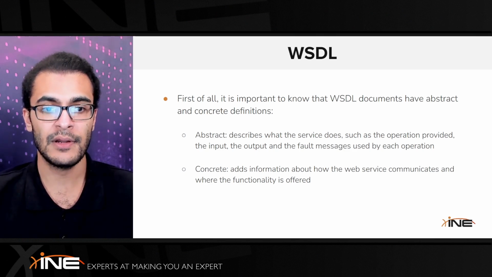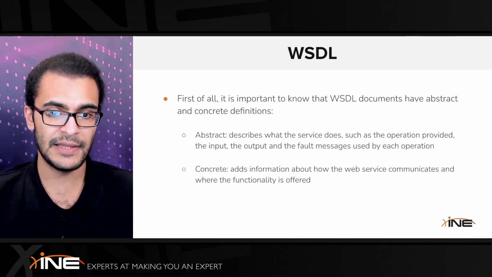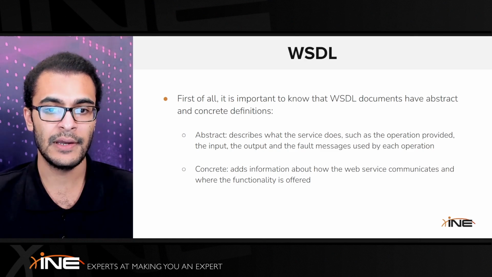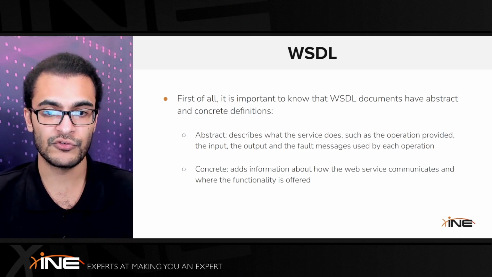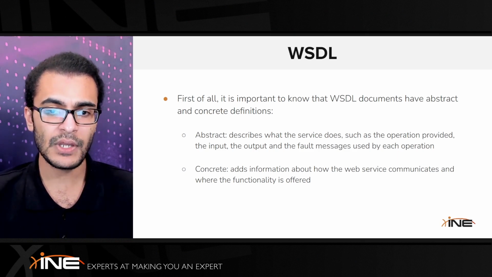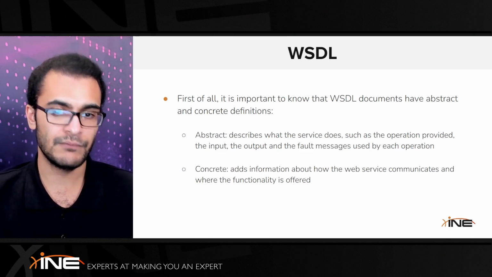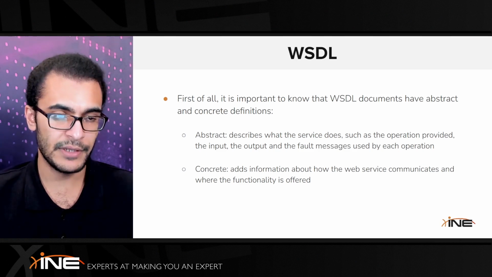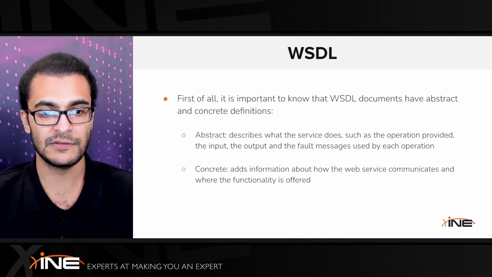And you'll usually see these two forms of exposure in terms of you being able to find the WSDL. In the case of the abstract definition, it's exactly that. It's very abstract regarding functionality offered, but more so just highlights what the web service does at a high level. An example is the operation provided, the input, the output, and the fault messages.